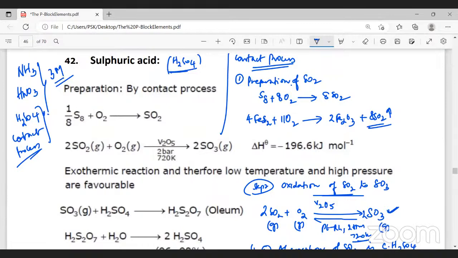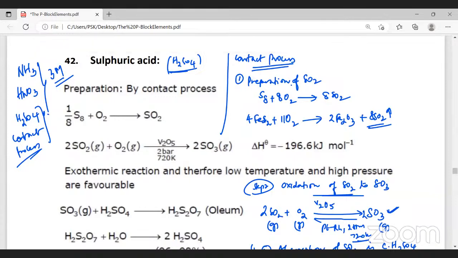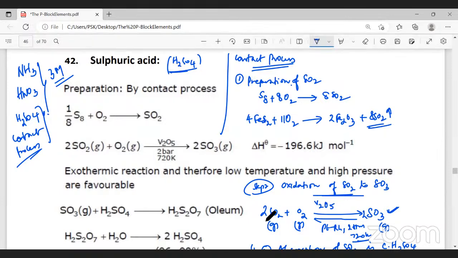Sulfur dioxide is prepared by heating or burning sulfur in oxygen, or iron pyrites when roasted with oxygen, to form sulfur dioxide. Once the sulfur dioxide is formed, the second step is that sulfur dioxide is oxidized to sulfur trioxide.